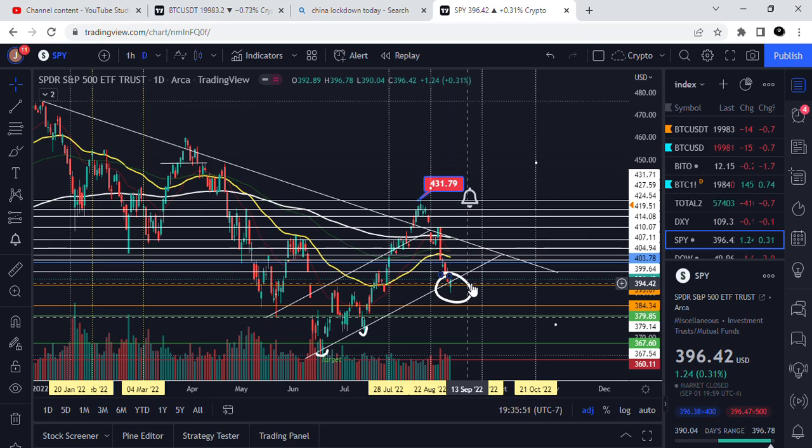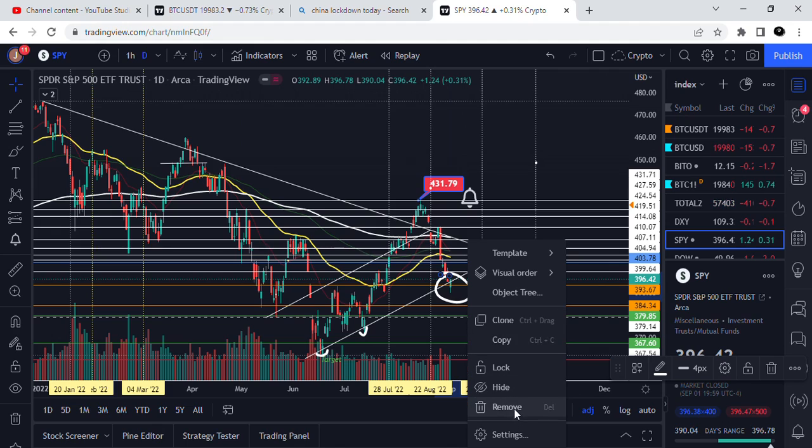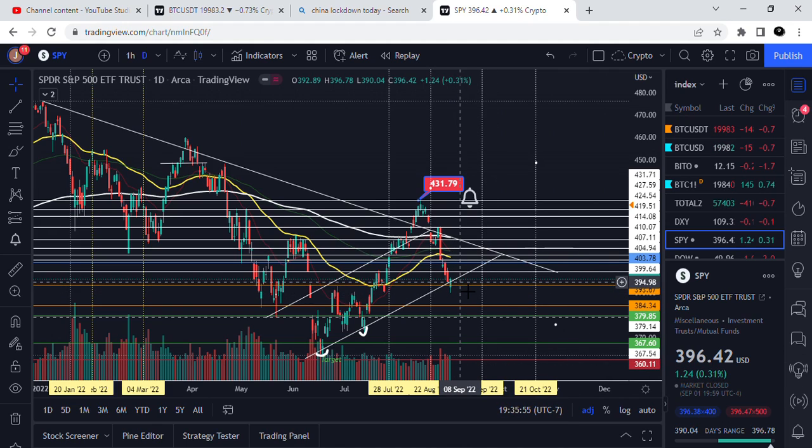And so what I want to point out is that moving into tomorrow, if this pushes up, you could get up to 404. So here's a target, right? Just put an alert at 404.